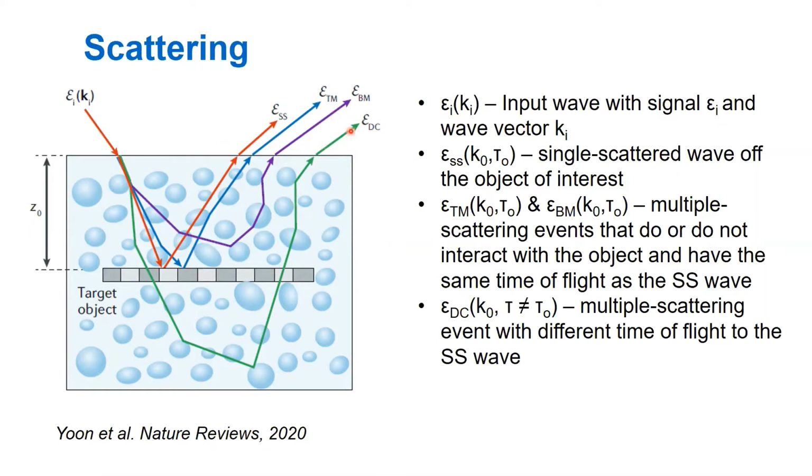This has a different time of flight to these three. But essentially, all of these waves here have undergone multiple scattering events, and therefore they create a kind of background and a blurring of our image that means that we can't just detect this single scattering event, which is the wave that we're most interested in trying to detect, and the wave that's got the information about the sample that we're trying to retrieve.